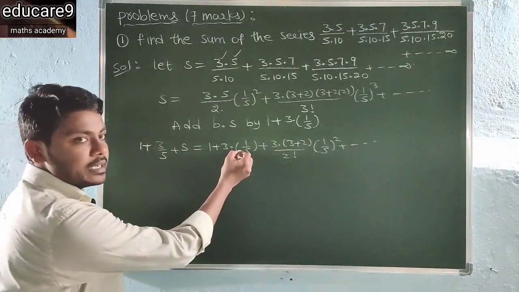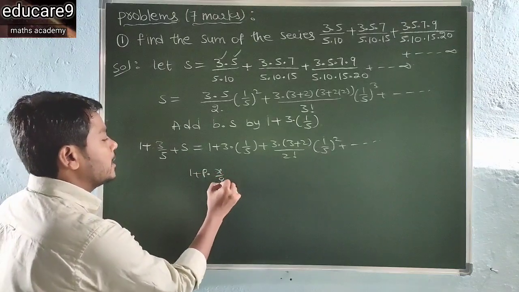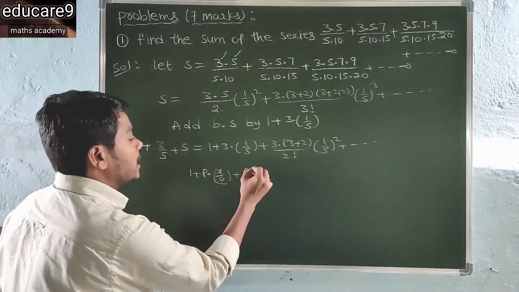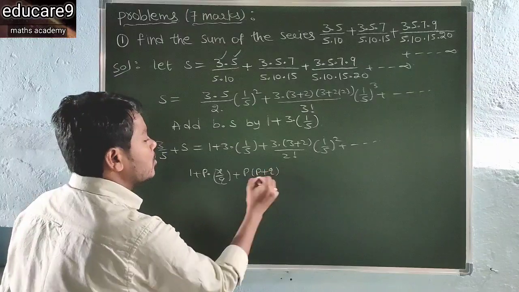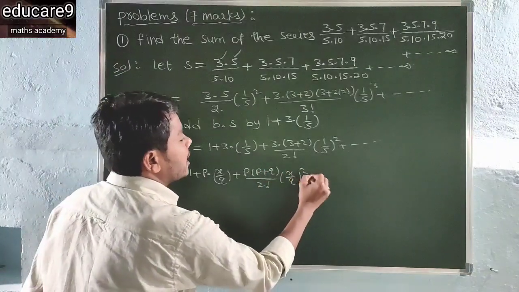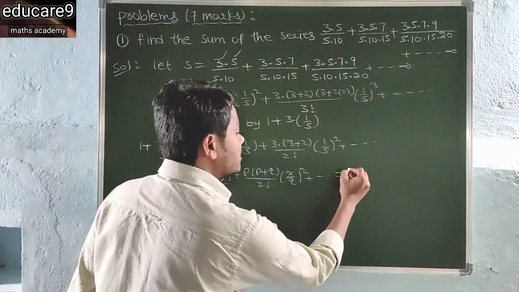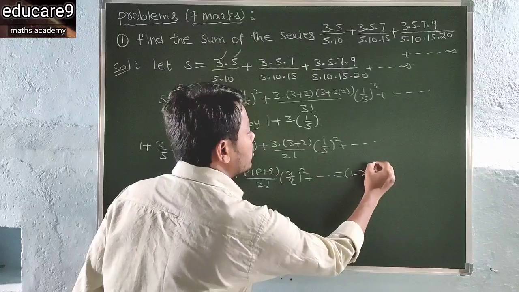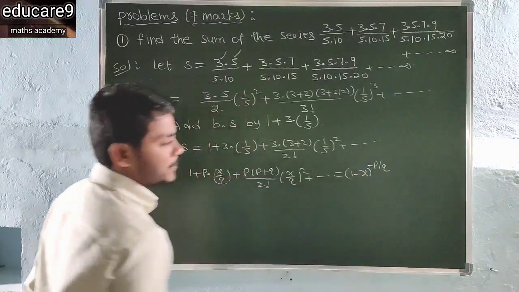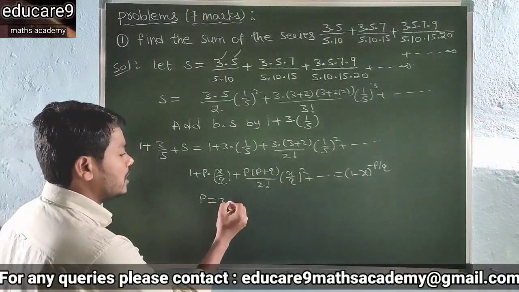So clearly it is in the form of 1 plus p into x by q plus p into p plus q by 2 factorial into x by q whole square and so on. So clearly what is this expansion? This expansion is 1 minus x whole to the power of minus p by q. So what is the p value? P is equal to 3.